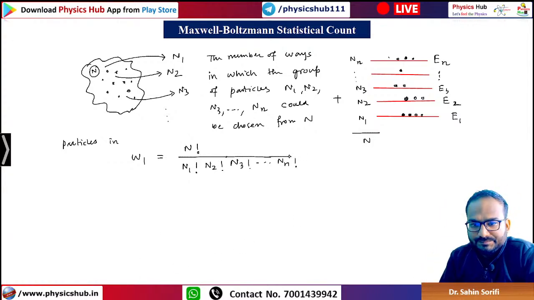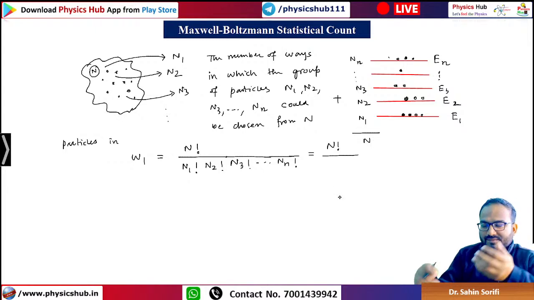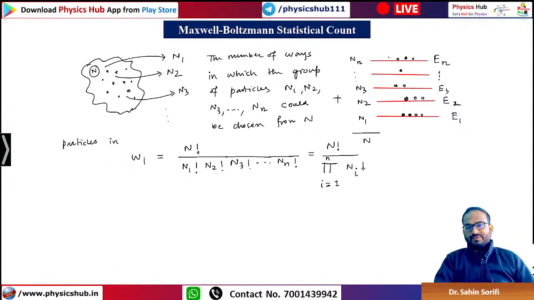This equals N factorial over the product. The way you represent a sum, 1 plus 2 plus 3, is the summation sign. If you have product-like things, it is represented by the symbol pi. So you take the product from i equals 1 to n of Ni factorial.